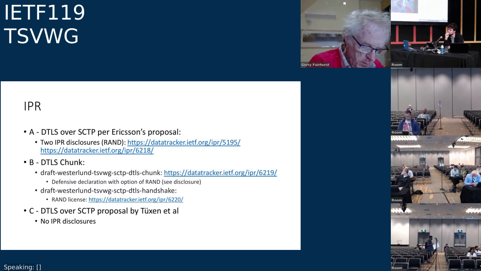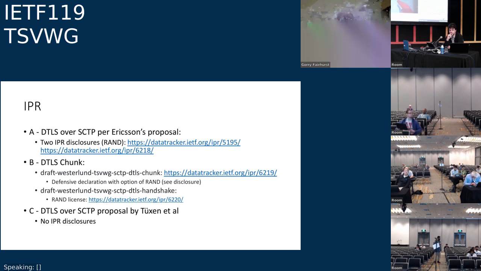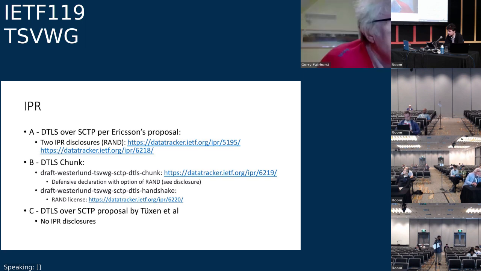On the part that goes in the SCTP stack, there's a defensive declaration with the option of fair, reasonable, and non-discriminatory terms. Please read the disclosure. And for the handshaking and key establishment and rekeying, there's another disclosure which is just FRAND. On C, there's currently no IPR disclosures. So that's the situation there.